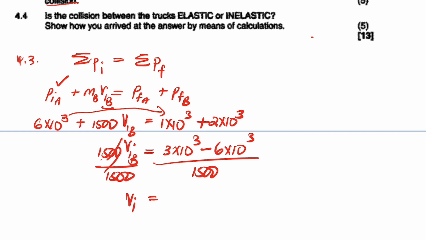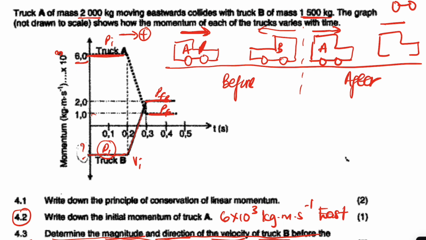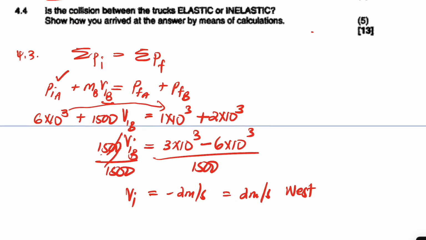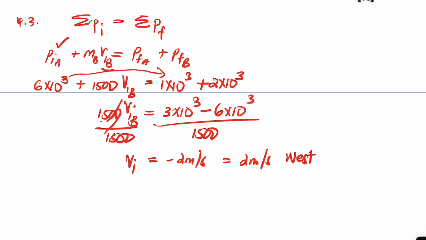So the initial velocity there is going to be negative 2 meters per second, and that means it's 2 meters per second. The negative means what? West. Remember, we chose east as positive, so we got the answer there. There are various ways of doing that, guys, but let's stick to that basic one.